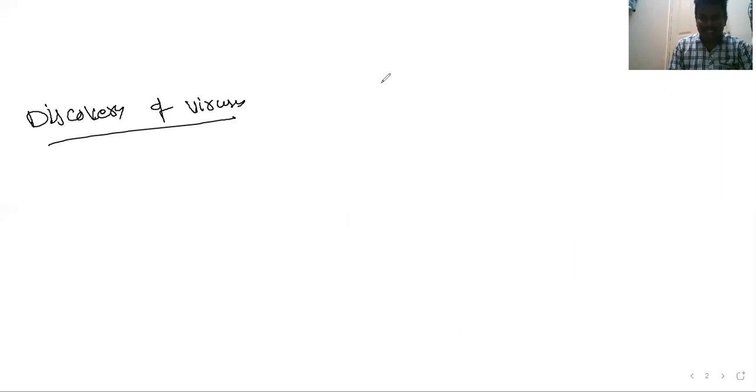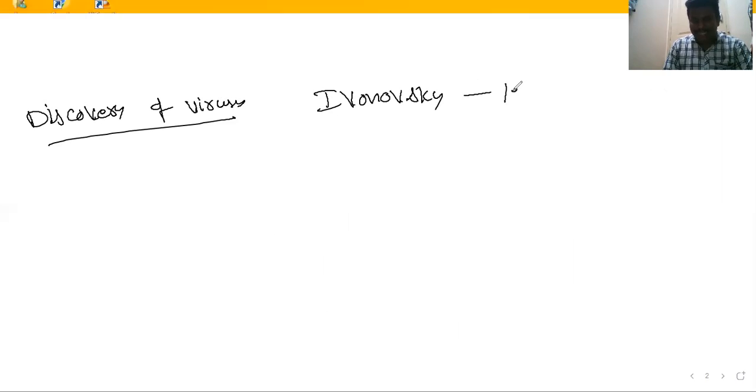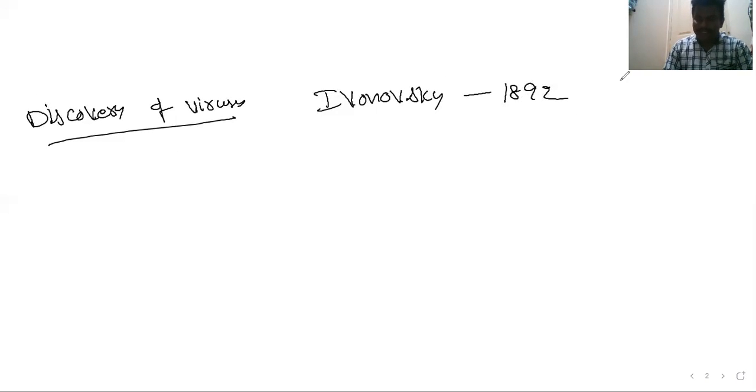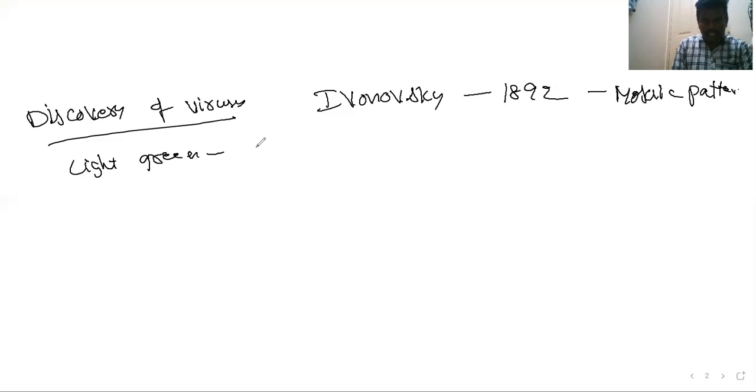Generally here, discovery of viruses. A Russian biological scientist, Ivanovsky, studied diseased tobacco plants in 1892. The diseased plants had a mosaic pattern of light green and yellow areas on the leaves.